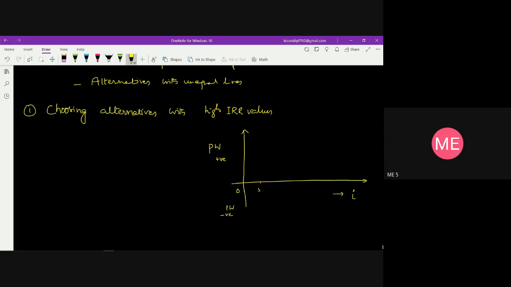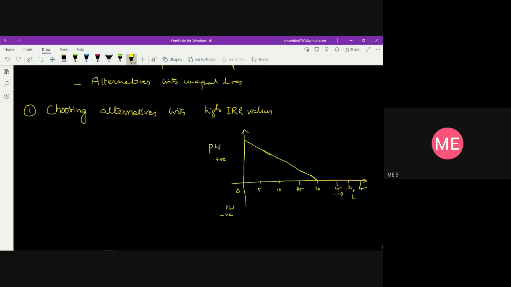Say for example, we have two alternatives, with interest rates 5, 15, 20 and 25. I have taken project X, alternative X, which crosses at 20. And one more, at 30 and then 35.